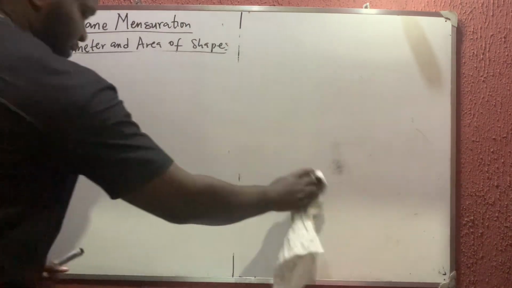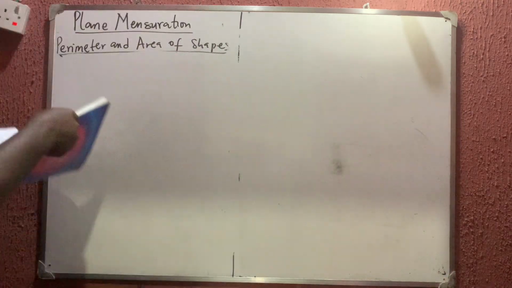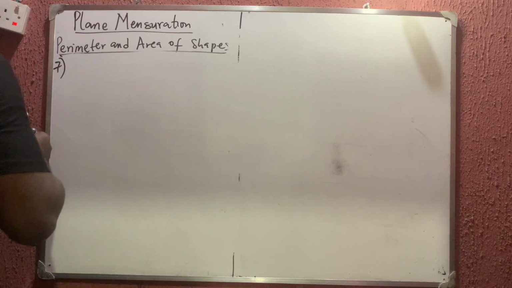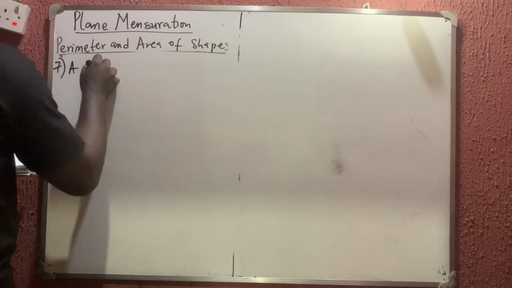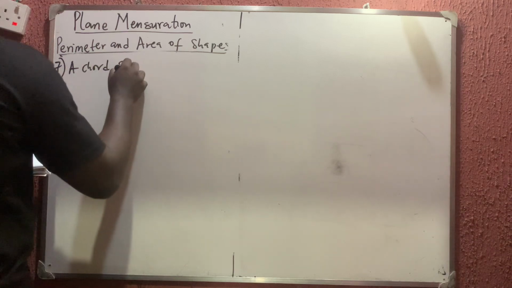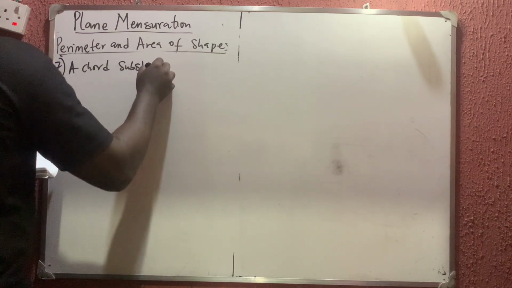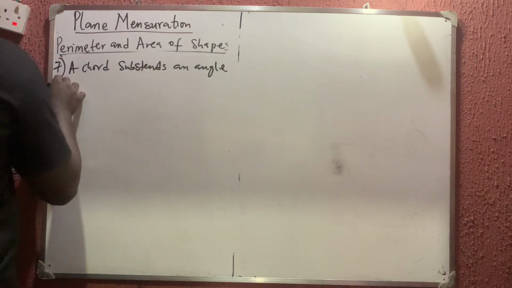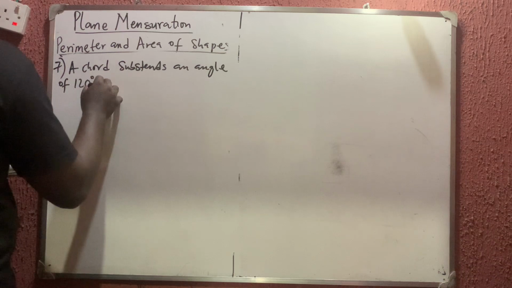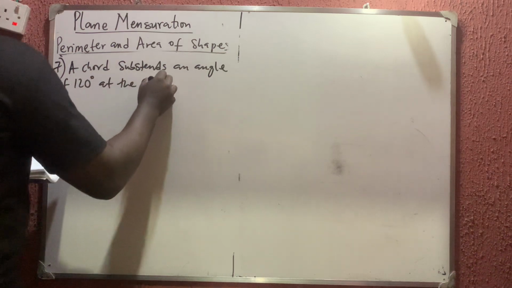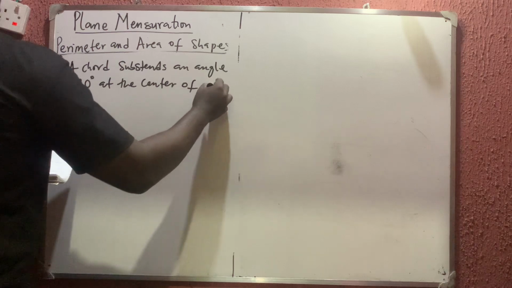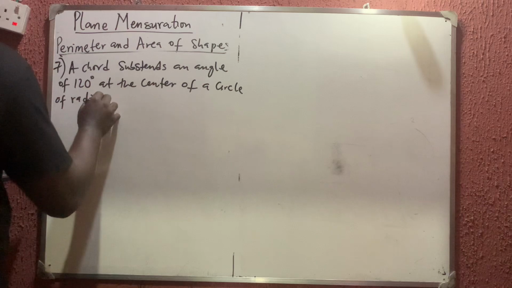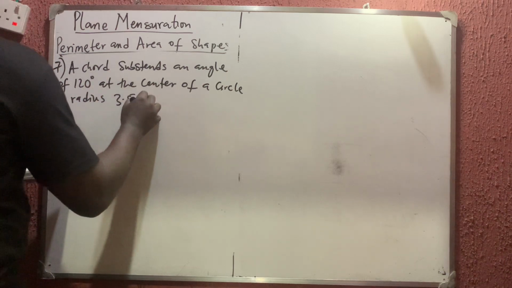All these things are easy. If you think I'm too far, please rewind it 10 times, if possible. So question number 7, I have that a chord subtends an angle of 120 degrees at the center of a circle of radius 3.5 cm.